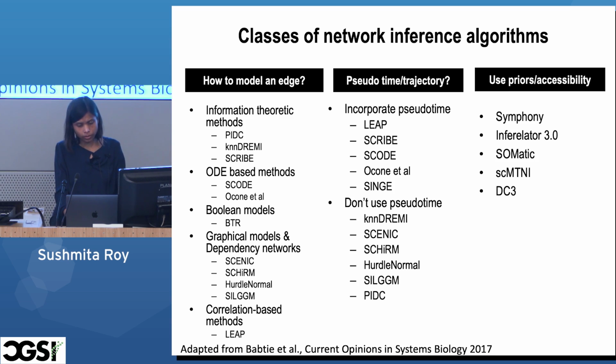There are methods that incorporate pseudotime, and methods that don't. And very recently, methods are going away from just using single-cell RNA-seq, and leveraging other omic data types, in particular accessibility. Here are a few methods that are out there, including one from our group, and I just wanted to briefly talk about those methods.